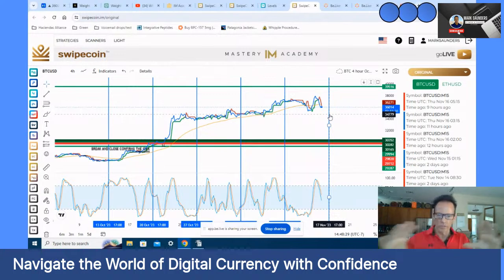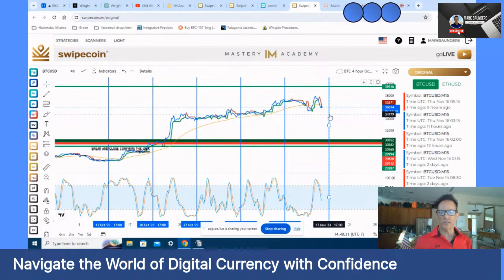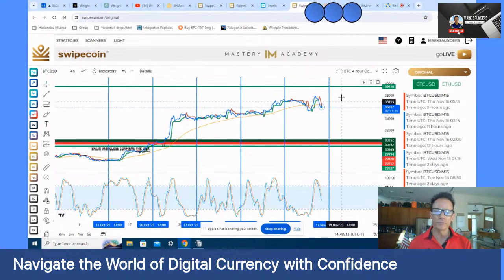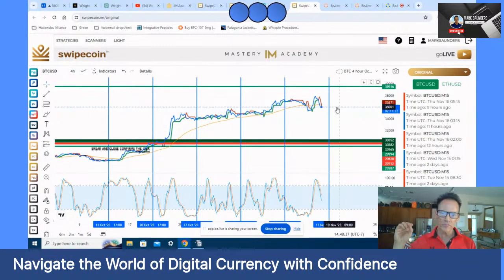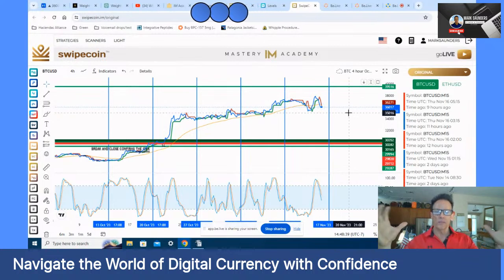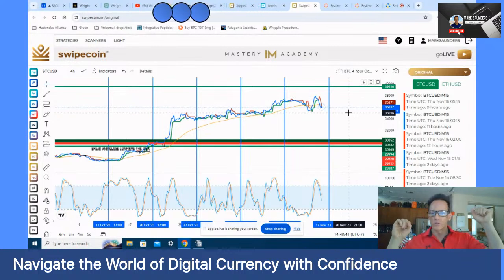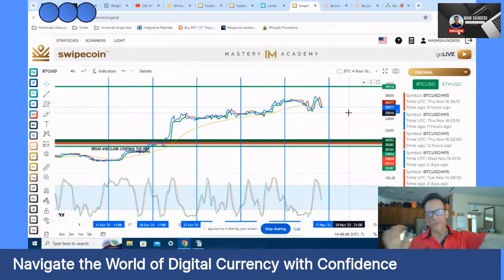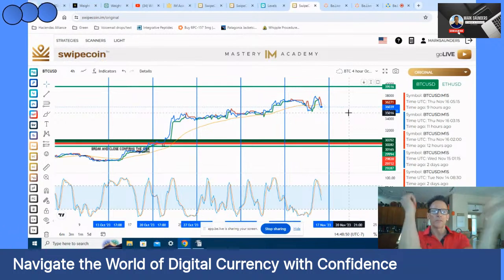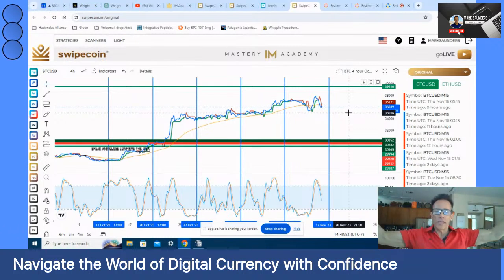Because the weekends are really iffy, like Saturday and Sunday, and that's a whole other topic. Mainly because all the banking institutions are closed. But generally, a lot of the money moves around from Sunday at 5 p.m. USA time till about Friday afternoon, because that's when all the banks around the world are open.